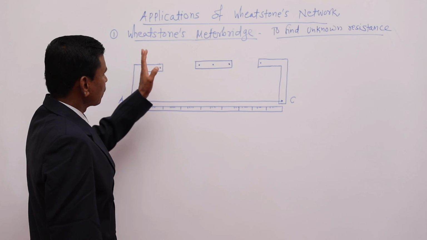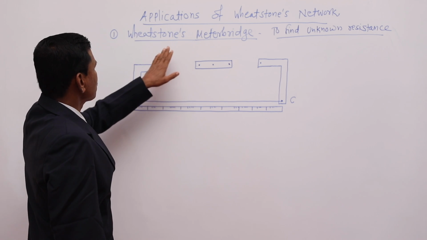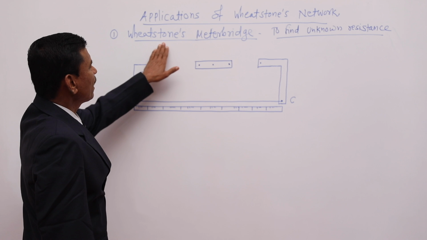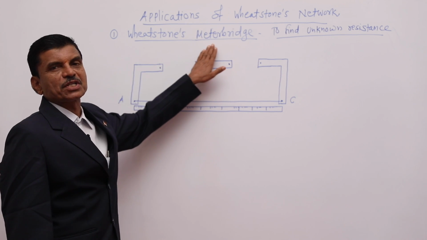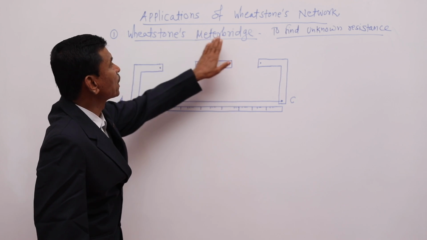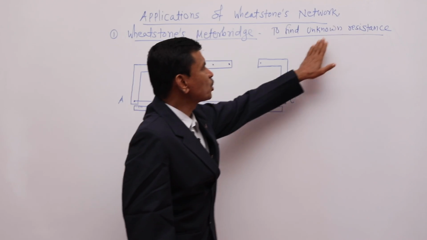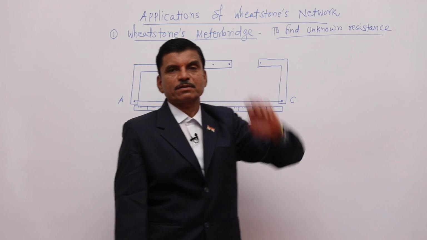The first application: the same scientist Wheatstone made another arrangement of 4 resistances. It is called the Wheatstone meter bridge, and it is used to find an unknown resistance.